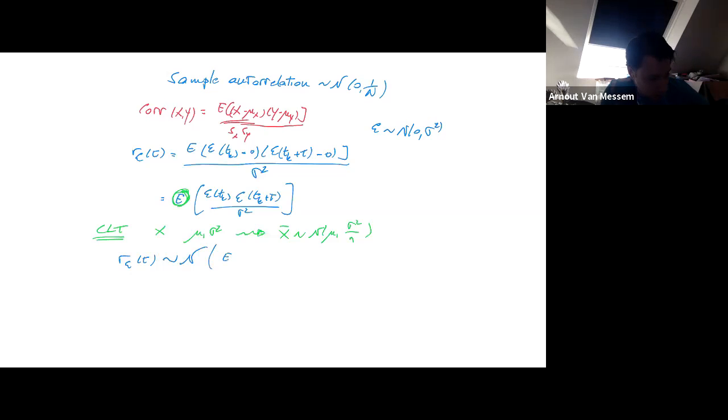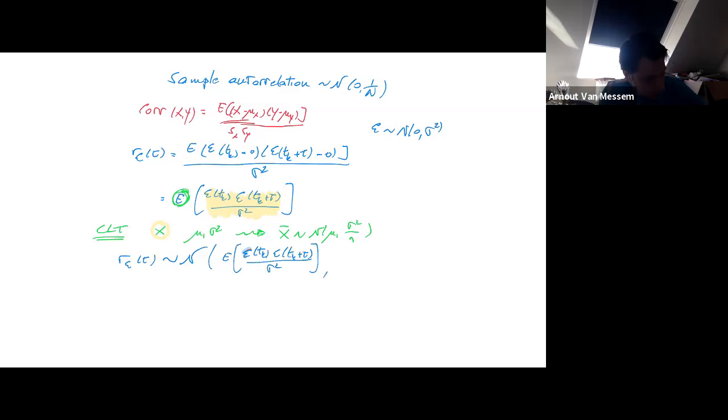So in this case, this is now my variable. This is the variable that corresponds to this x, and we are looking at the average of this variable. So the mean of my autocorrelation will be the mean of the thing in yellow, the expected value of epsilon tk times epsilon tk plus tau over sigma squared.